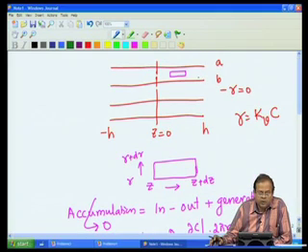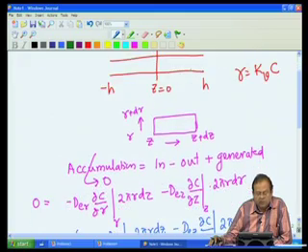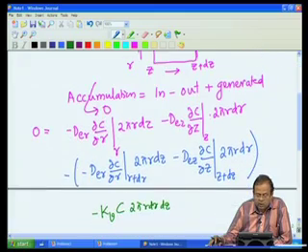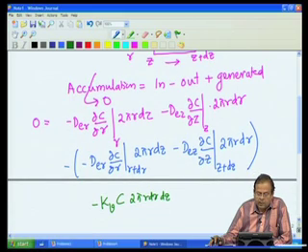In this, to write a mass balance, we selected a small cross section between z and z plus dz and r and r plus dr. So, this particular small portion, and wrote a mass balance for what is coming in, what is going out, plus what is getting generated.